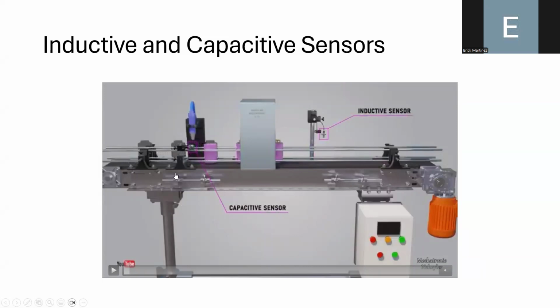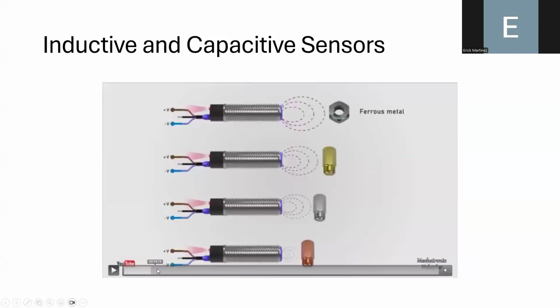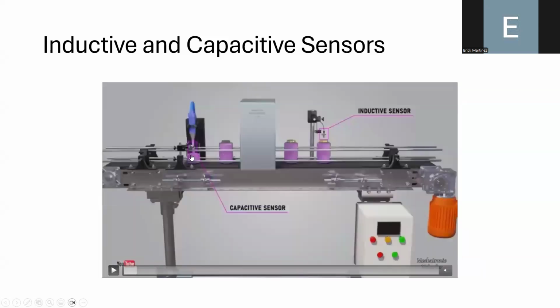Okay, so you can use, for instance, a capacitive sensor to detect how the liquid is filling the container, and you can detect the presence of the cover in the container. And in this case, they are using a metallic cover in order to see if the container is closed, no, with the metallic cover. And for this purpose, they are using an inductive sensor.